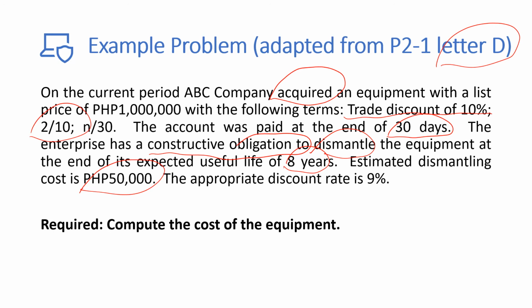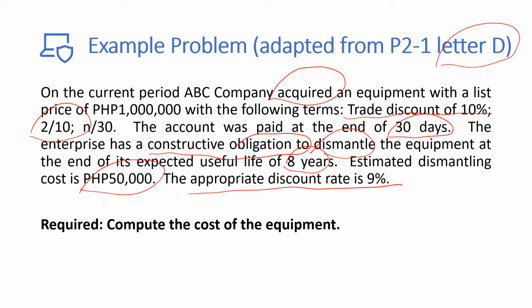So what is the cost of that 50,000 if we incur that today? So that's why we need to compute for the discount rate. So according to the problem, the appropriate discount rate is 9%. So meaning, so what do you mean by the 9%?